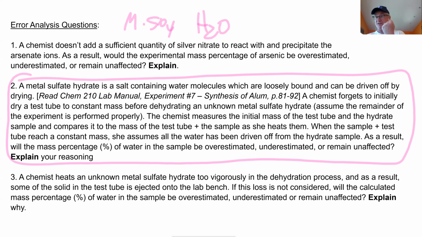And it attracts water so tightly that it's actually physically associated with it. So when you're digging this out of the mine or whatever, you have a crystal of this stuff, and there's actually water inside the solid. That's how tightly it's associated. But it's not covalently linked to it.